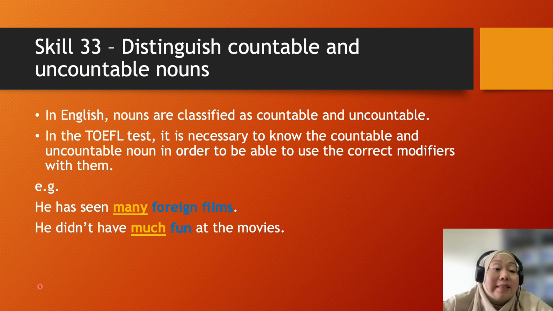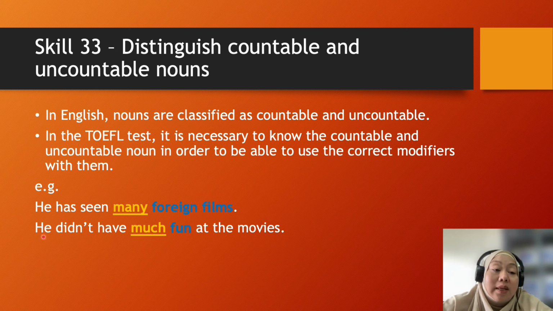He has seen many foreign films. Okay, we have foreign films. Films is a countable noun. That's why here we use many, because many is the modifier for countable nouns.